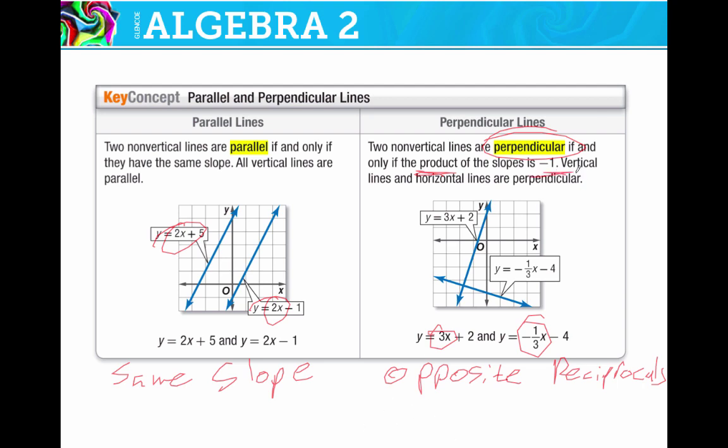They have a product of -1. So if I have -2/3 as a slope, the perpendicular slope, the symbol for perpendicular being an upside down t, would be equal to positive 3 over 2. Flip them over, change the sign. That's perpendicular.